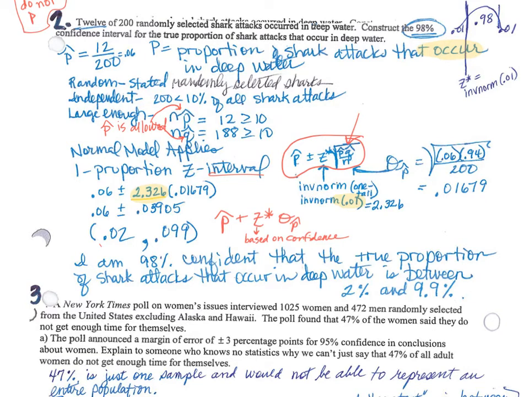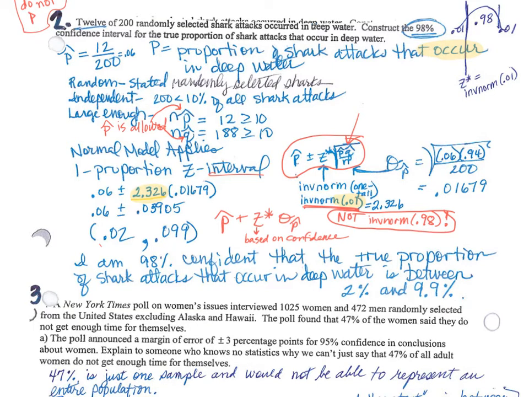So caution, this is inverse norm of 0.01, not inverse norm of 0.98. Okay, important. If it is two-tailed, you're supposed to double the inverse norm after that.